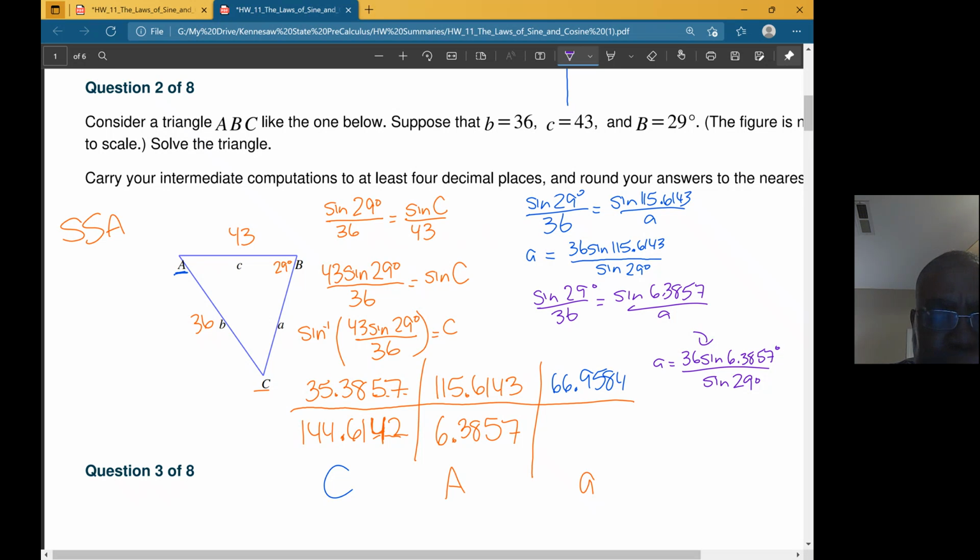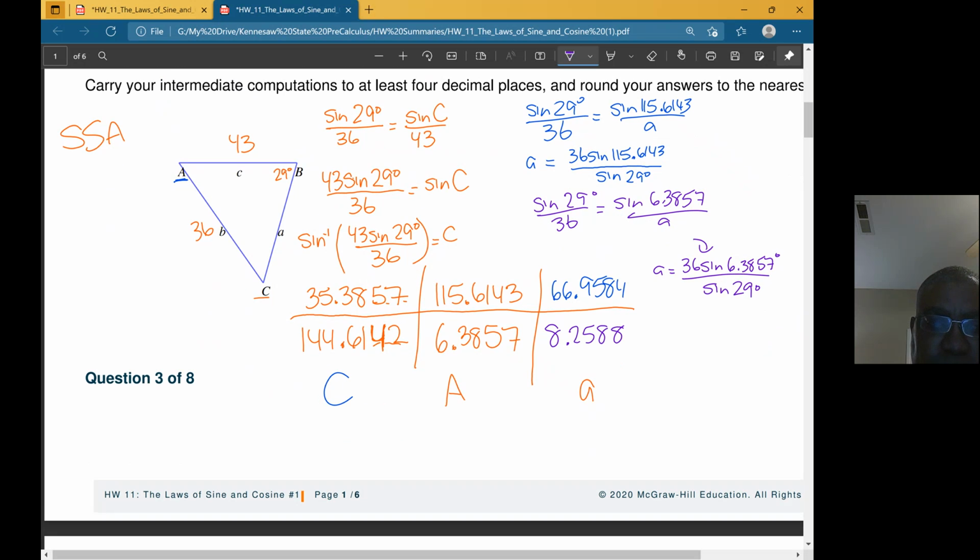Yeah, that's right. Got to stay with the angles. All right, boom. 6.3857 over sine 29. And I get little a then being equal to 8.2588.